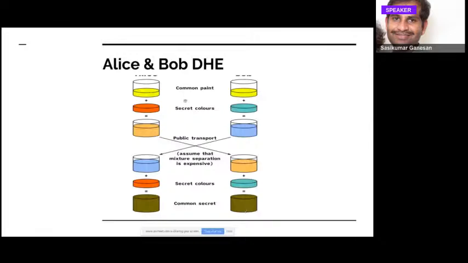And if you look at it, somebody who's in between in this entire scenario, looking at the information that is being shared across both of these entities, only gets this particular orange and this particular blue, and with these two colors he can never derive the secret key. So that's in the color scenario, and it's exactly similar in our scenario with DHE as well.